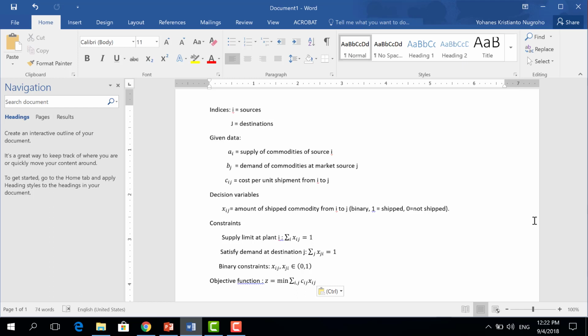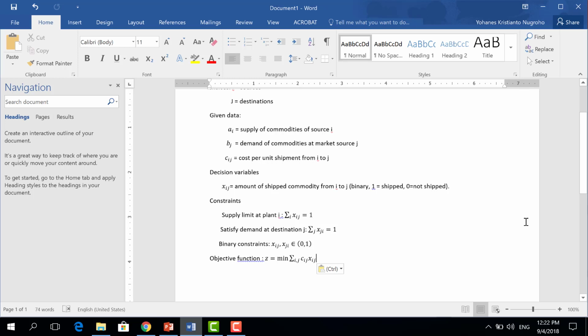Similarly, for satisfying demand at destination J, we have several destinations, but shipment from I to J allows only one to one, from one I to one J. It cannot be from several I to one destination, or one I to several destinations J. It is not allowed. So it is one-to-one matching of I and J, a certain I to a certain J.